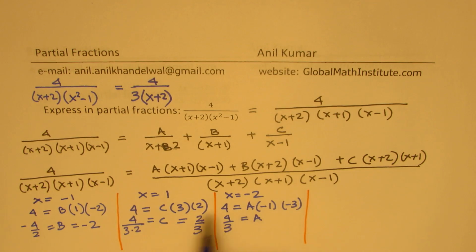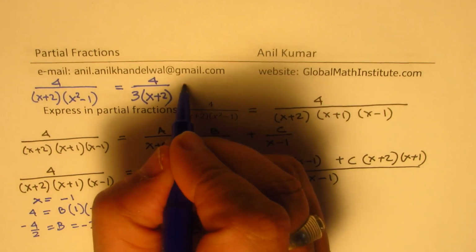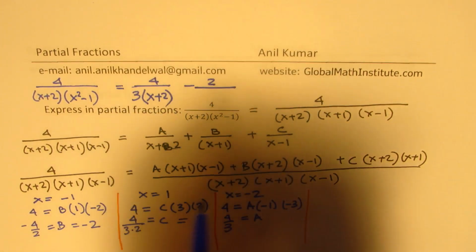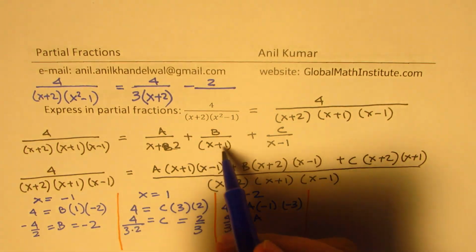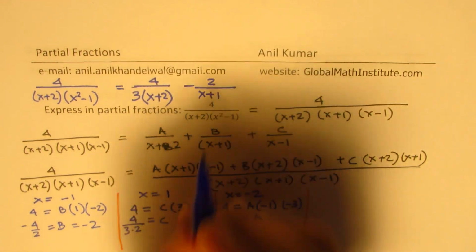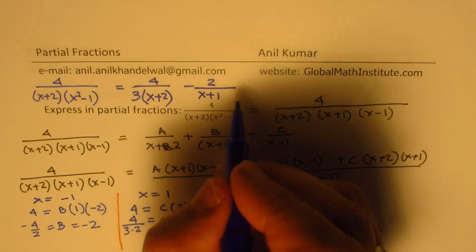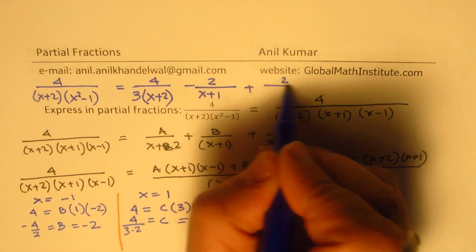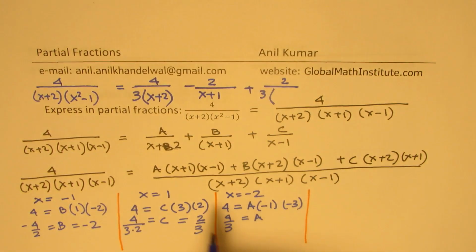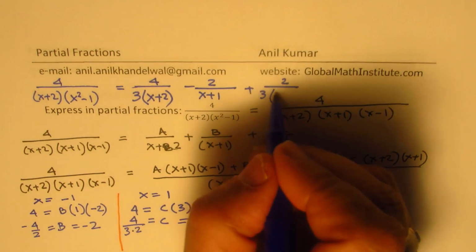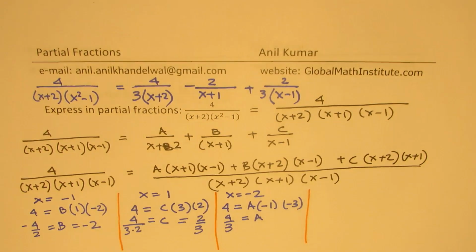Value of b is -2. So we get -2 over x plus 1. And the value of c is 2 over 3. So we get plus 2 over 3 times x minus 1. So that becomes our answer. Is that clear to you?